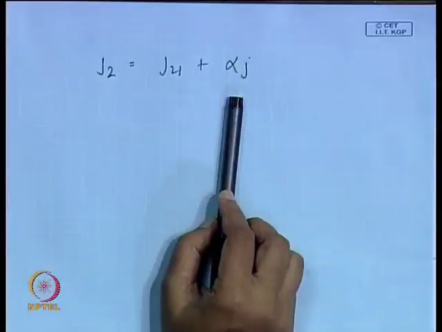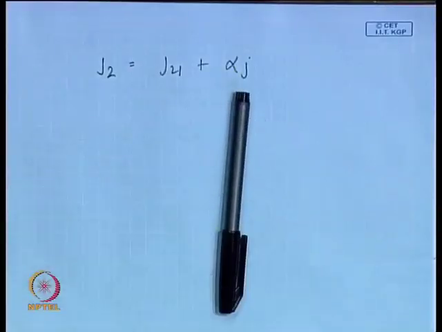Now, the first thing which I would like to tell you in this class is that when we wrote down this particular expression, it assumes that J2 and J21 are constant over the entire cross sectional area, isn't it? This was the first thing that we had assumed, that we take an averaged value of these parameters over the entire cross sectional area.